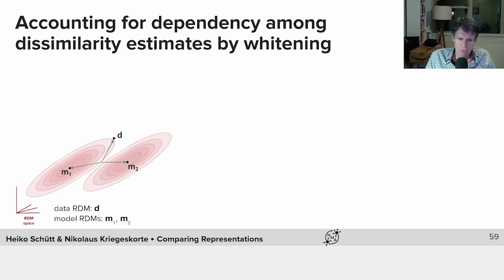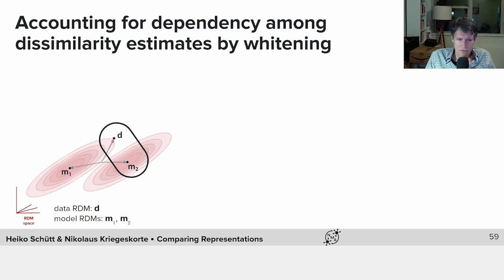So here's an example where we have a data RDM D and two model RDMs M1 and M2. And if we naively selected the model that's closer to the data in terms of Euclidean distance, we would select model M2 here because it's closer in a Euclidean distance sense to the data RDM.